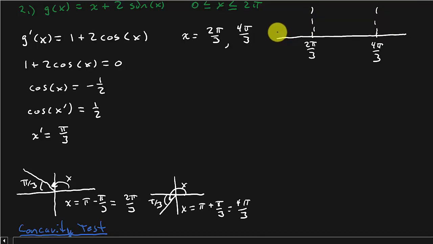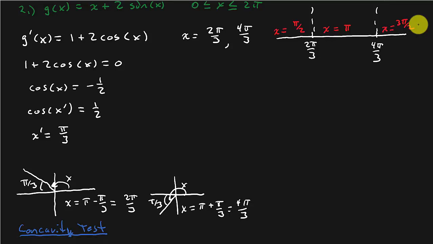And so I'm going to use x equals pi over 2, and then here x equals pi, and then here we'll do x equals 3 pi over 2. That's the ones we will test.